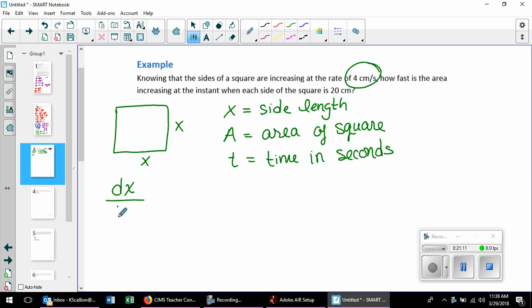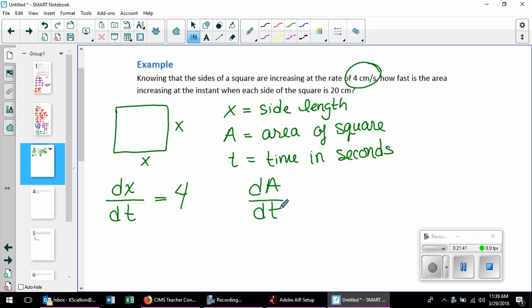So we're going to differentiate x over T, and we actually know what that is. That's 4. Right? So what will be the other thing that we're trying to find the rate of? The area. So that one's going to be the d of A over d of T. That makes sense, everybody? So we're looking at the rate of the sides versus the rate of the area increasing.